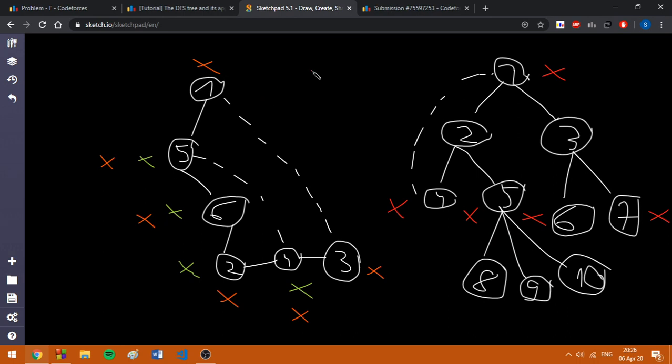However, this is not the case for all the graphs. In this case, you can see that we have only one cycle, which is of length 3 and not big enough for our graph with 10 vertices.